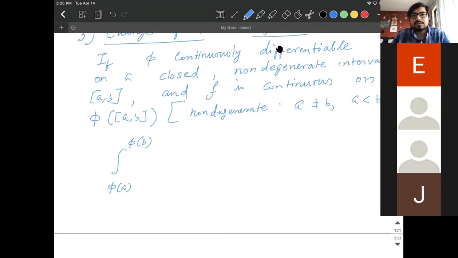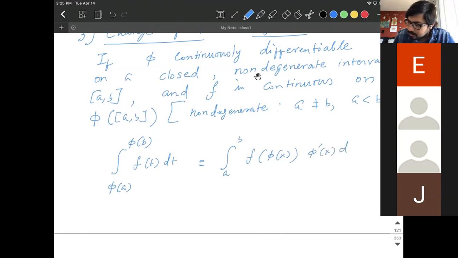For that, you need special kinds of functions. But anyway, let's write down this formula. The integral of f between phi A and phi B is given by the integral of f, this composition f of phi of x, phi prime x dx from A to B.